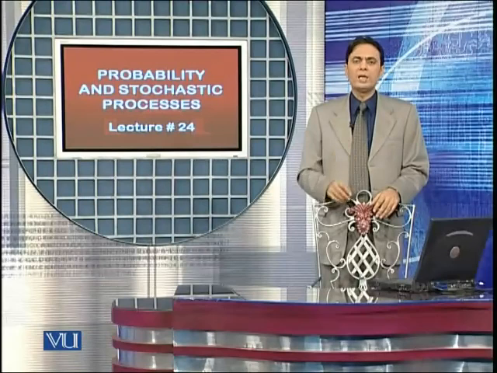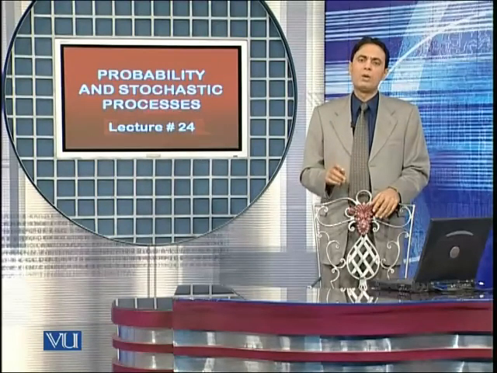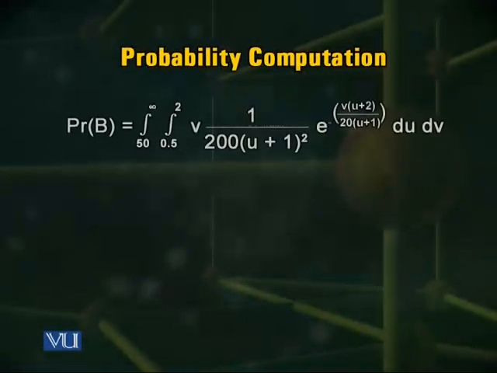If you want to try that, you can certainly go ahead, but it's not going to work because the expression for joint PDF for this case comes out to be v into e raised to power minus 2v plus uv whole divided by 20 plus 20u. And furthermore, this whole expression is divided by 200 times u plus 1 whole square.